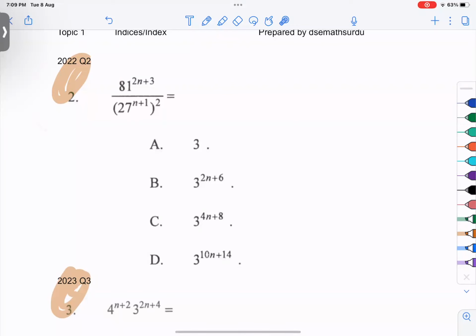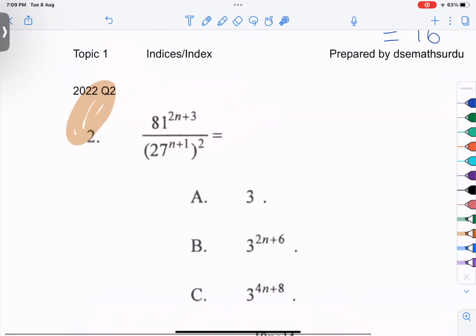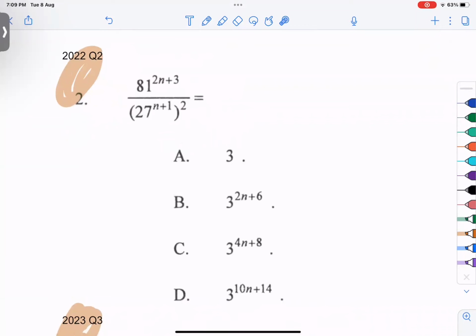So back to the questions. 2022. Did you try it? What did you get? Three, 2, 6, and then 8. Because the bases are all 3, you have to think of a way to change this 81 and 27 into 3.